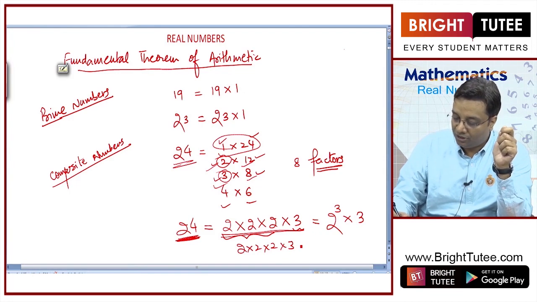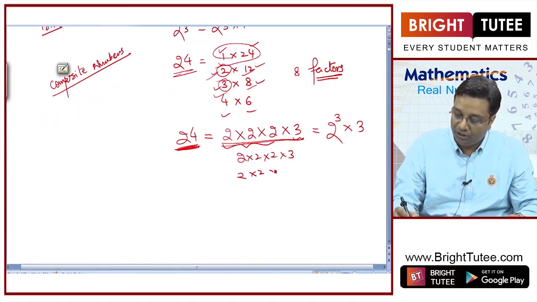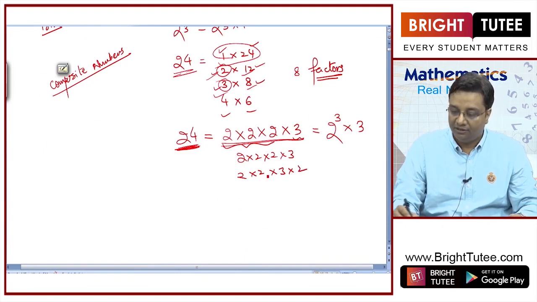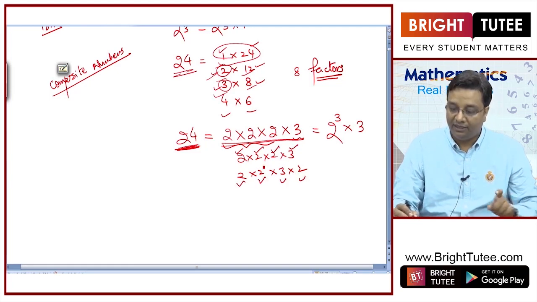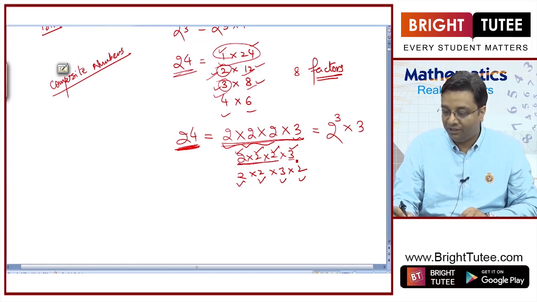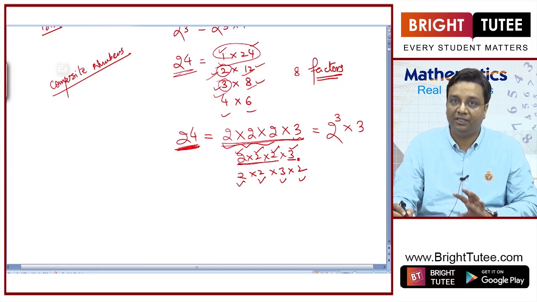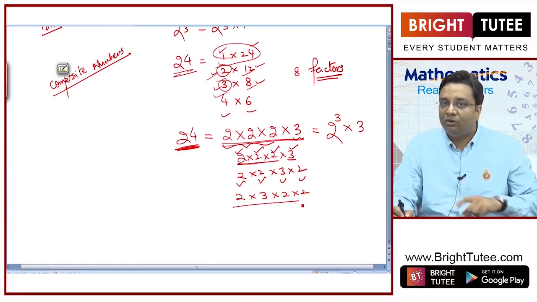You can change the order, you can write it as 2 into 2 into 3 into 2. By changing the order, you cannot change its constituents or its factors. There will always be three 2's and one 3 multiplied with each other. So the order you can change, 2 into 3 into 2 into 2.